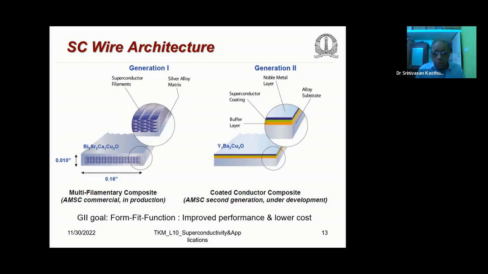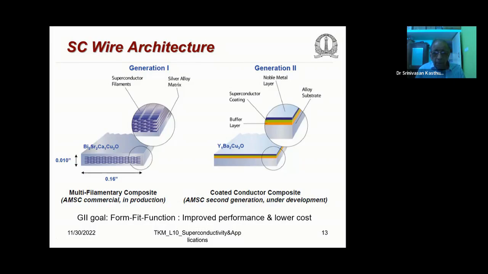In the next generation superconducting wire, people have, for example, with the yttrium barium copper oxide, the base is like this. The alloy substrate is at the base. Over that, you have a buffer layer, then superconducting coating, then the noble metal layer is all done. And this is the latest, the generation 2 type superconductor.